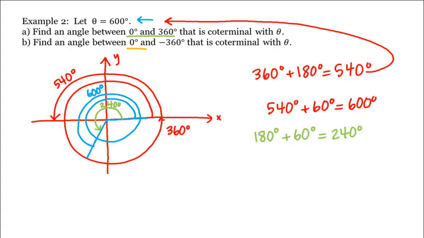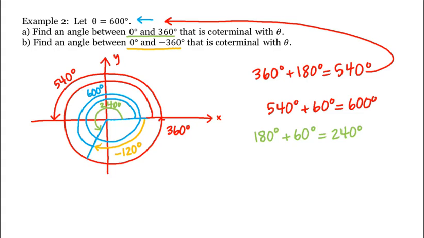Now we still need to find an angle between 0 and negative 360 degrees that is coterminal with theta. And with negative measured angles, we go clockwise from the initial side. So wouldn't that be this angle here, which is negative 120 degrees?